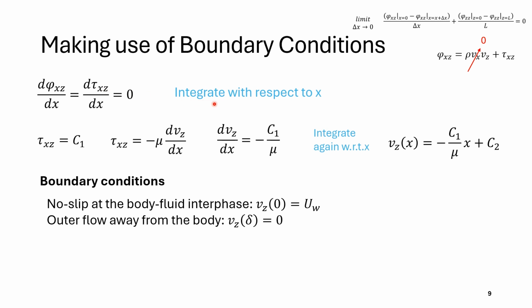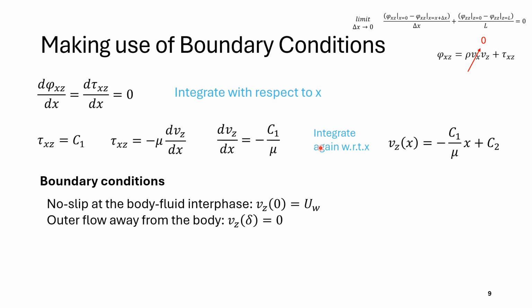So when we integrate this with respect to x, we find out that our shear stress is a constant, and when we apply Newton's law of viscosity, we are able to find the velocity gradient, and when we integrate again with respect to x, we are able to find the velocity profile.